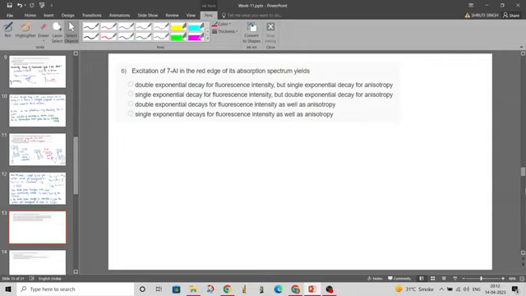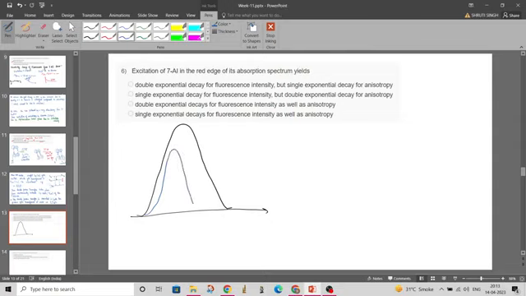So let's see if this comes due to excitation to S2 and this comes from S1.